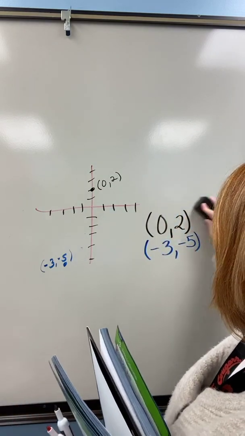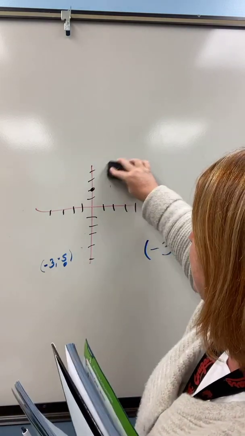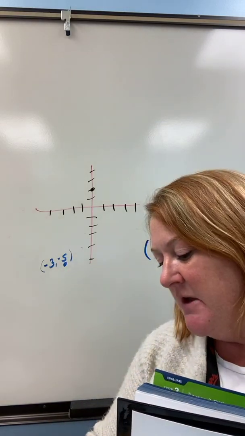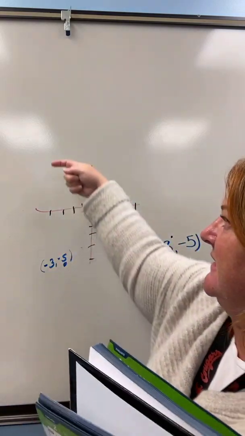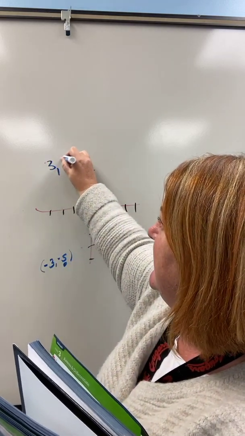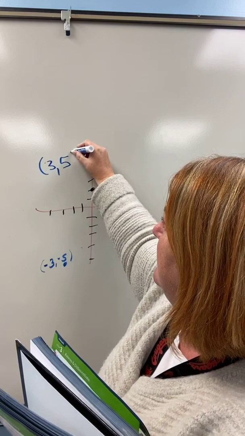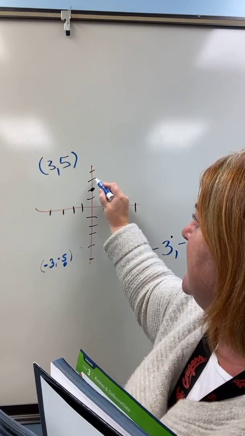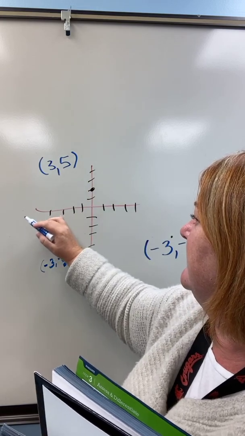So let's forget about the 0, 2, and let's reflect the -3, -5. Well, to reflect it in this quadrant, it's going to be a +3, +5. Sorry, that looks like a negative there. So we're going to go up 3 over 5.